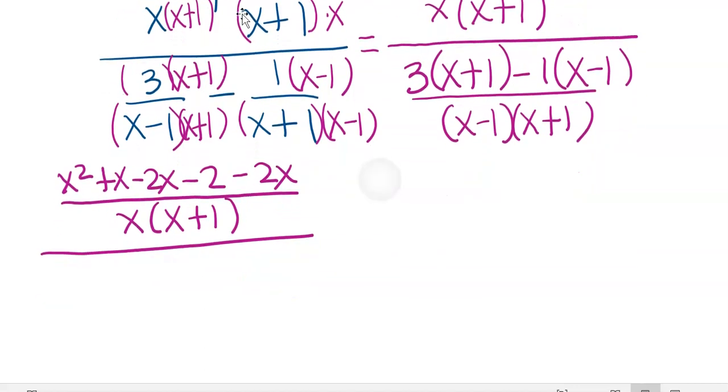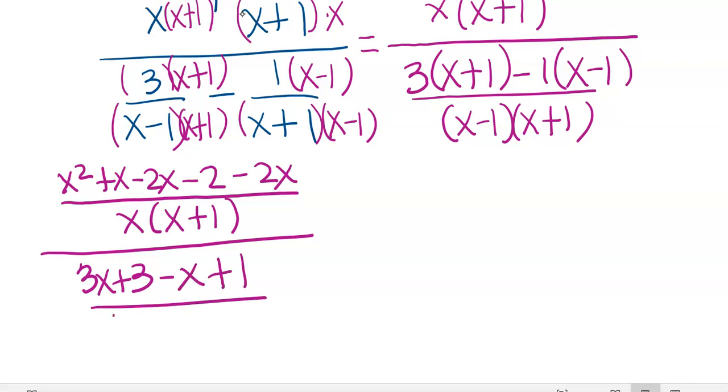We're going to do the same thing in the denominator. We get a 3x plus 3 minus 1x plus 1. Put a little like terms together.